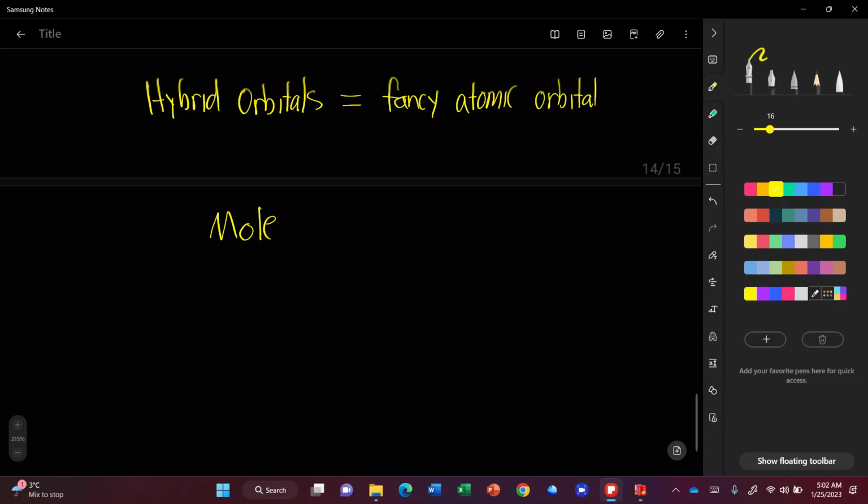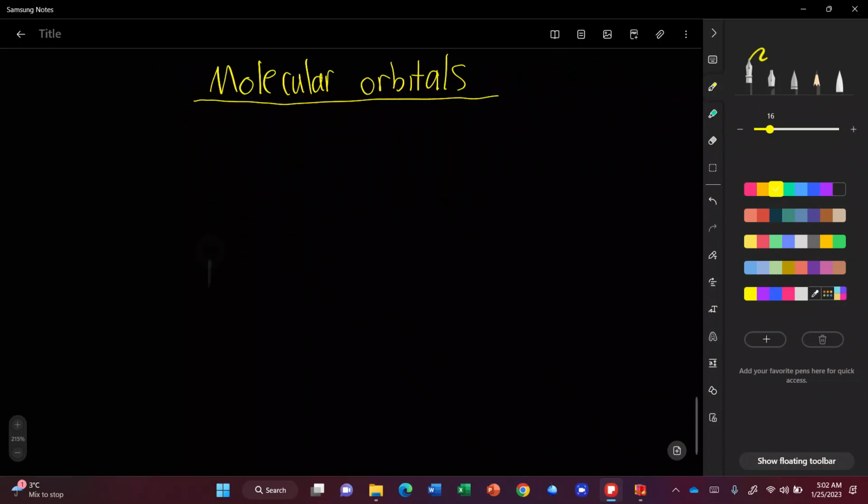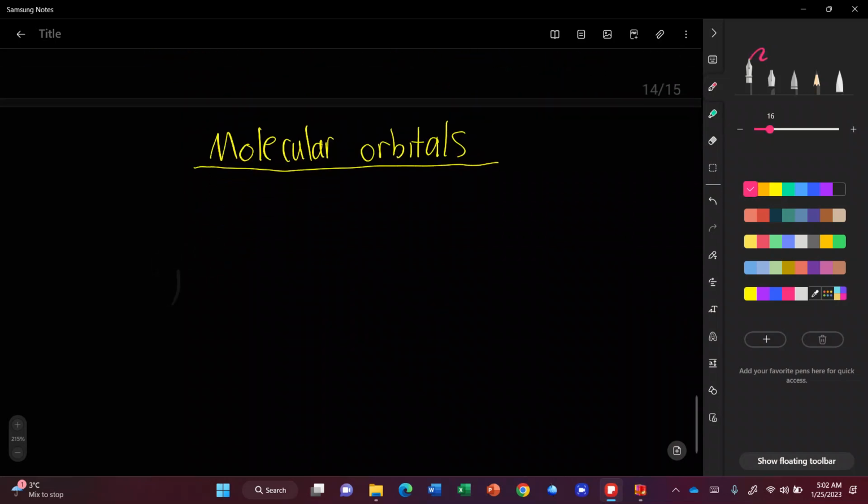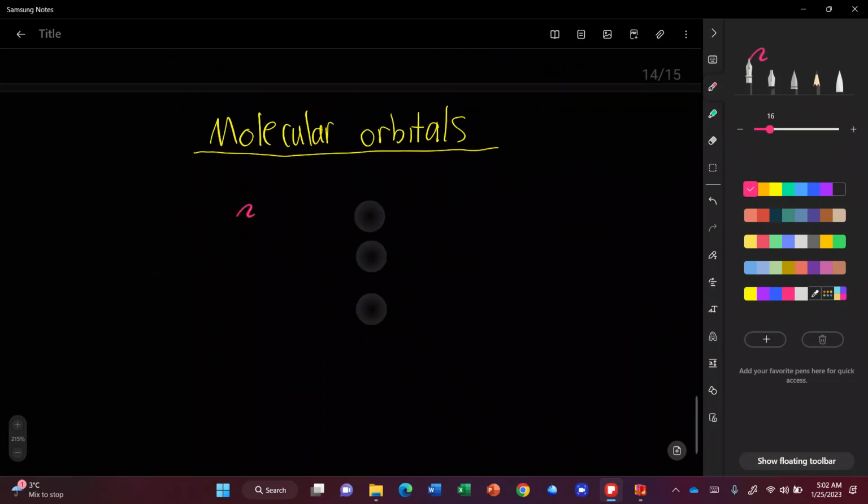Molecular orbitals, on the other hand, are going to be extremely important for when you guys are thinking about mechanisms. In this class, there's only really 4 molecular orbitals that you need to know. There's a sigma orbital and a pi orbital, and there's a sigma star orbital and a pi star orbital.